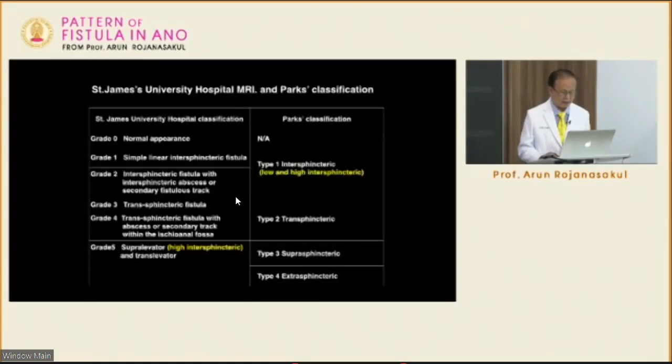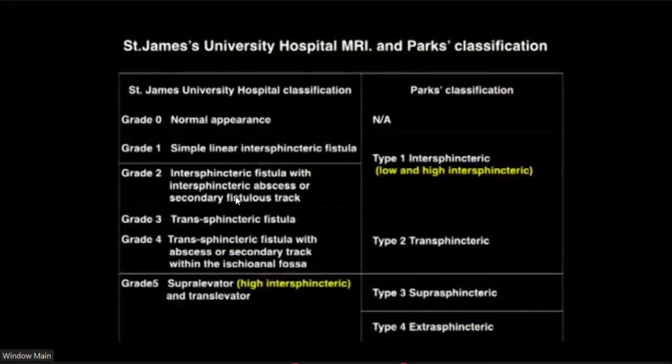In fact, if we look at this table, you can see very clearly that it is the same as the Parks classification. The only difference is that the high intersphincteric in the Parks classification is now put in grade 5 of the St. James University Hospital classification. So the Parks classification has many limitations and drawbacks, and we cannot use it. So we cannot use the St. James either, in my opinion.